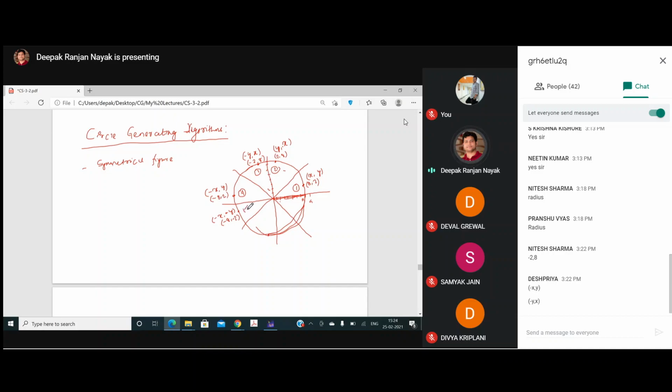This is the fifth octant. This is the sixth. Sorry, it is -2 and -8. I can also express it in terms of x and y. It is nothing but -y, -x. Here it is.